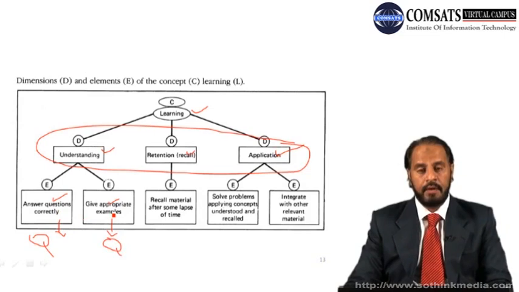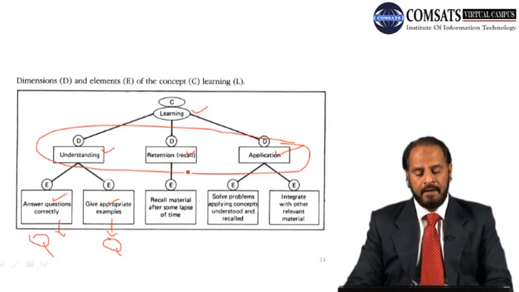Were you able to give appropriate examples to the situation? If you are able to do that, then you've been able to understand. But then you need to ask, were you able to recall the material? If you are able to recall the material, then we'll say, okay, that's another tick for learning, because you've been able to learn and you're able to recall the lesson.